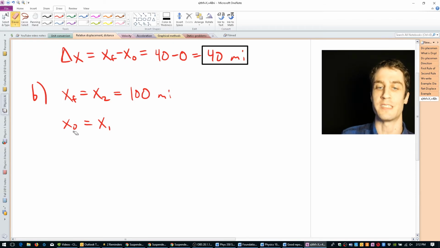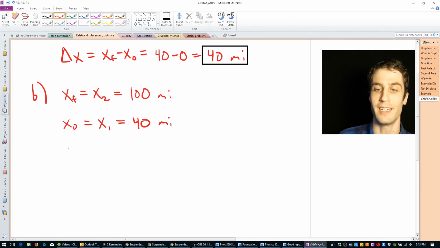We use the subscript 0 to denote initial, but I'm using these numerical subscripts to denote which hour we're looking at. So x1 is its displacement after the first hour, and x2 is its displacement after the second hour. The notation's a little bit confusing, and I really can't help that much. So x initial is x1, and that was 40 miles. It was found 40 miles north of its starting location after the first hour.